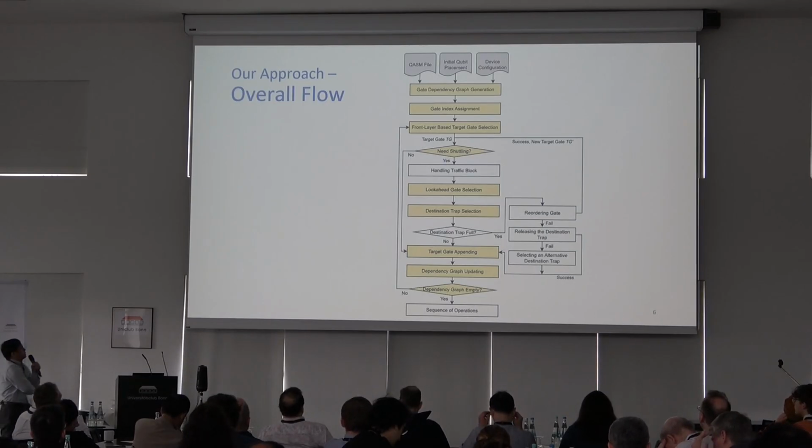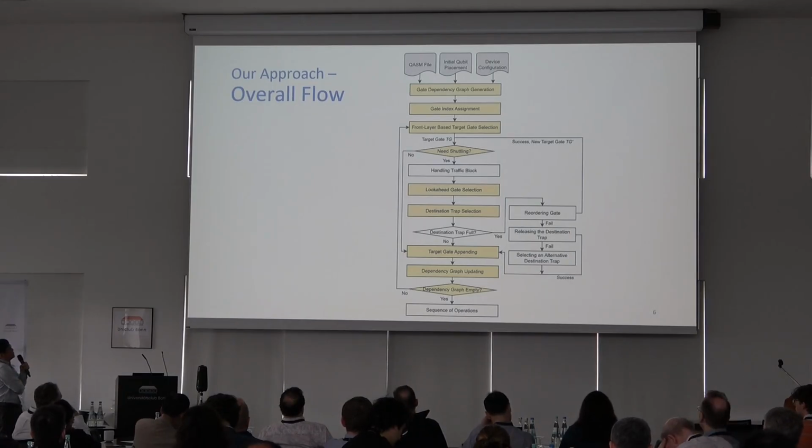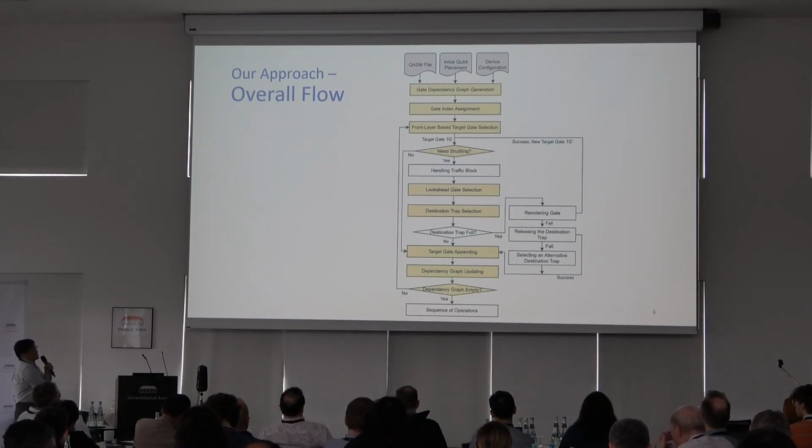After that, we find a destination trap for the ion to move to. The destination trap selection method is based on a look-ahead gate set. Once we have determined the destination trap, we check whether that trap is full. If it's full, then we have to resolve it.